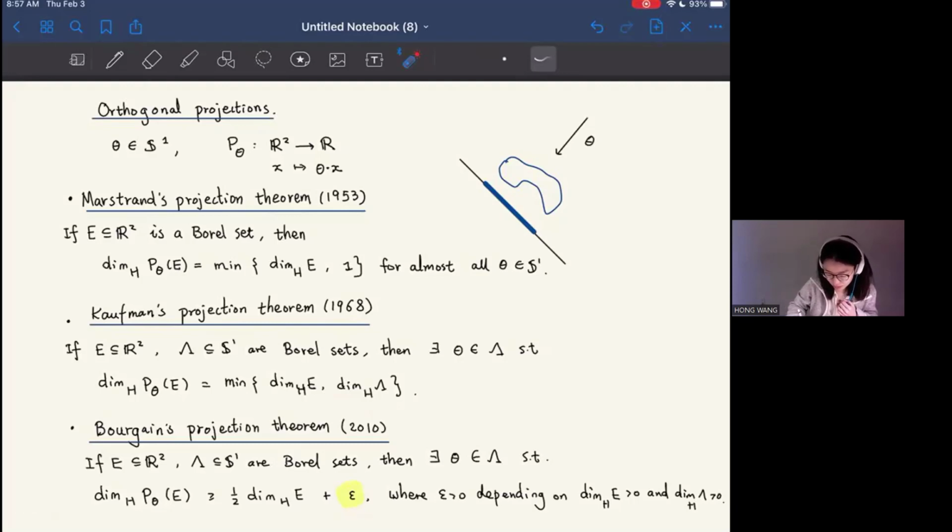So another question that is raised is: what if the set of directions is so sparse and so small? What can we do?